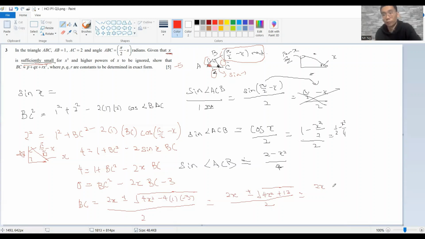So I'm going to take out 4 and square root it, so it becomes 2. So it's equal to x plus minus square root of x squared plus 3. Okay, so just from here, right?